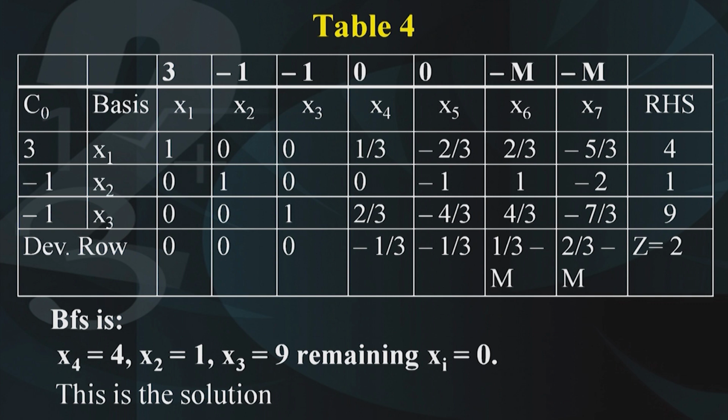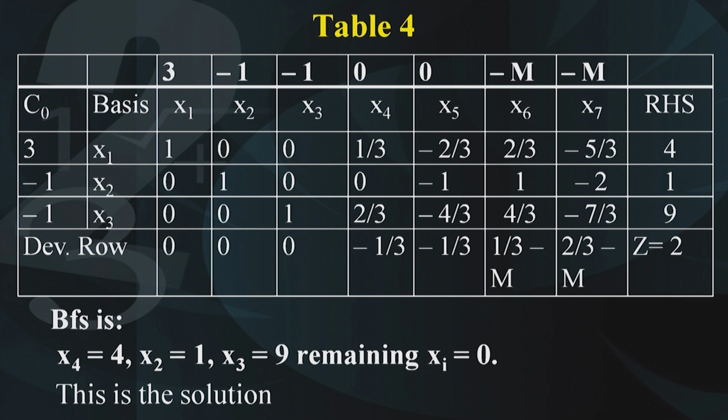Therefore, we need to add an artificial variable, and because we are adding an artificial variable, we need to make some adjustments in the objective function in such a way that at some later iteration those artificial variables will disappear from the basis.